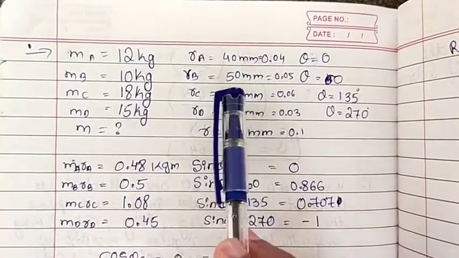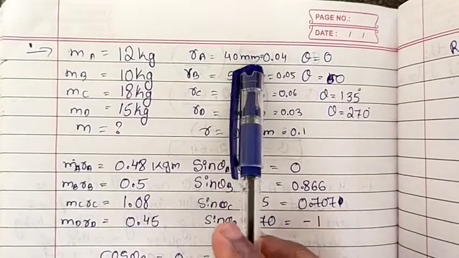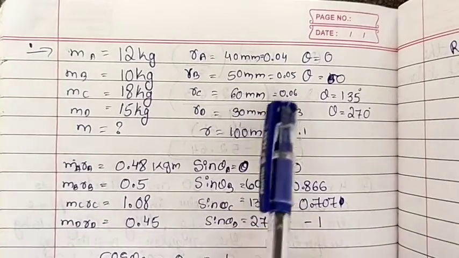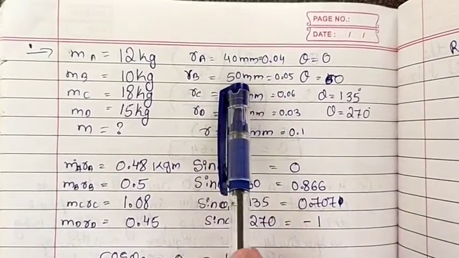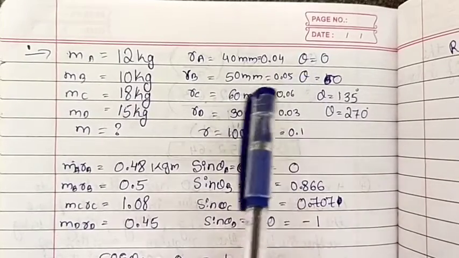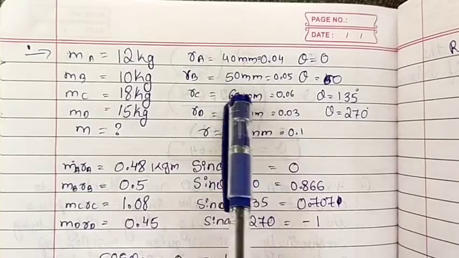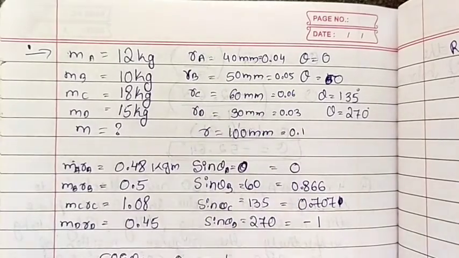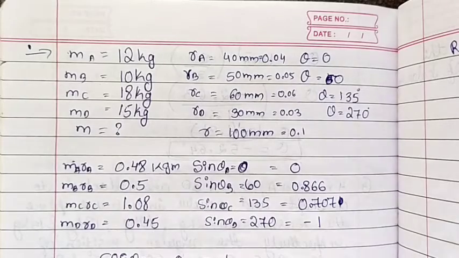How to convert millimeter to meter? Just divide by 1000. That is 0.04 meter. 50 mm divided by 1000 gives 0.05 meter. RC, 60 divided by 1000, is 0.06 meter. RD, 30 mm divided by 1000, gives 0.03 meter.